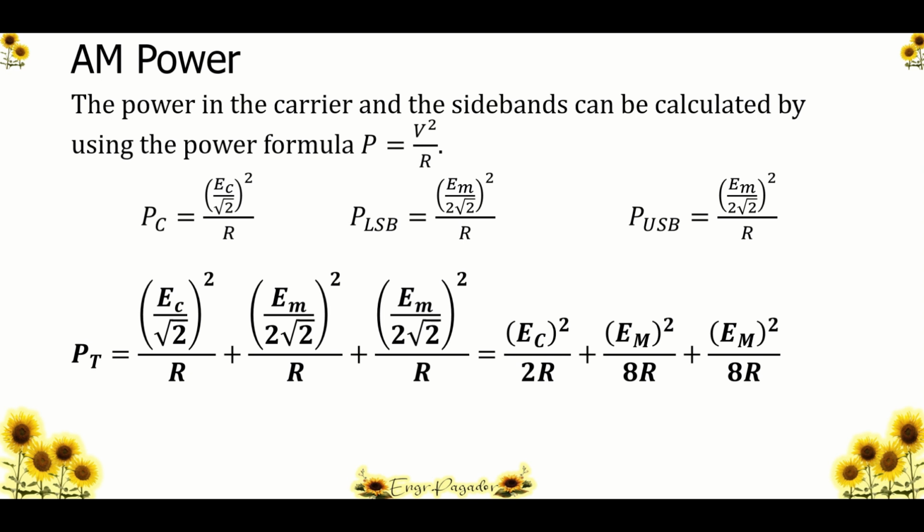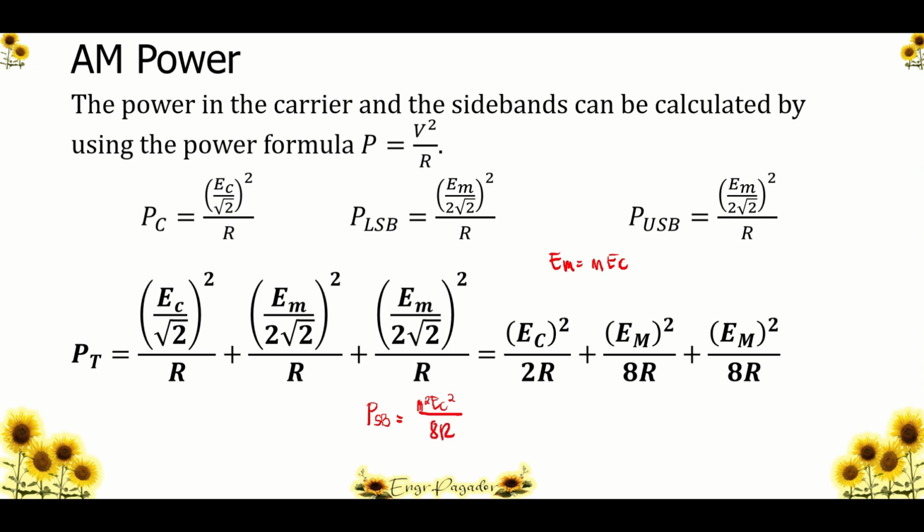If you recall the formula of EM, EM can also be equal to M EC. So if we replace EM with M EC, the power of the sideband will be equal to M squared EC squared divided by 8R.